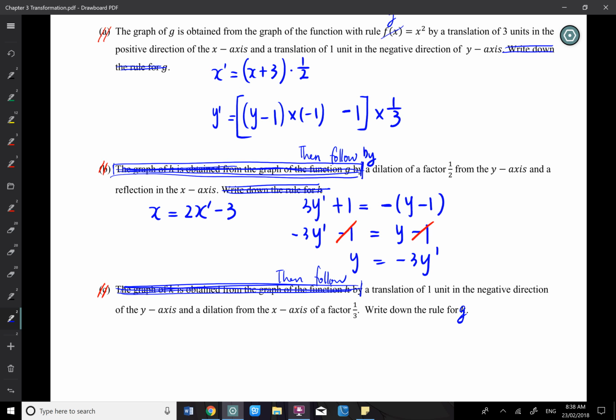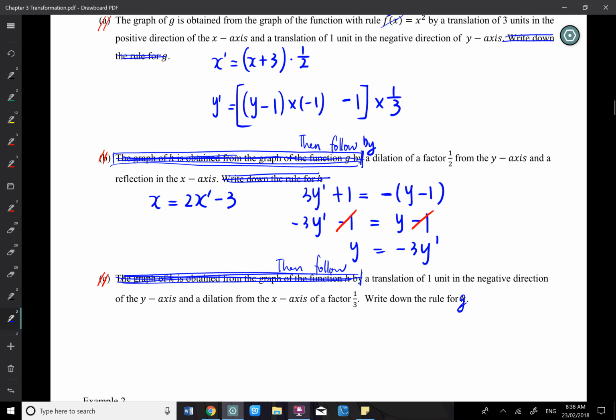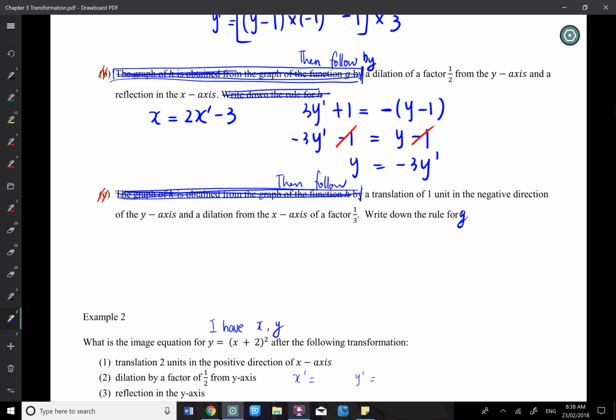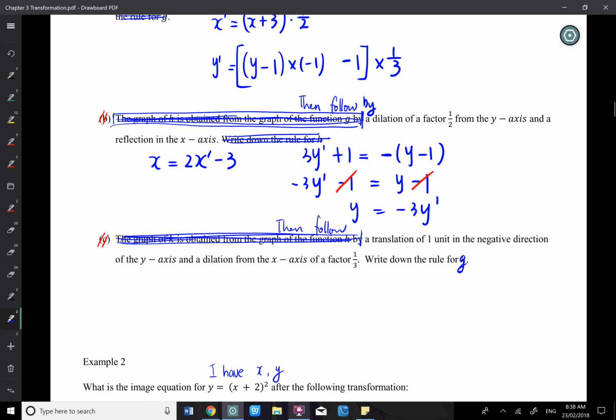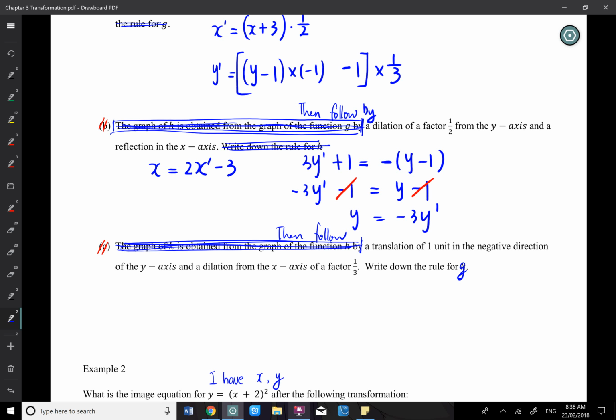And what we want is to find the rule of g, which is the new resultant function. Therefore, I need to do substitution. Okay, first of all, according to the description, write out the equation x dash, y dash in terms of x, y. And then rearrange it to make x, y the subject, because we have x and y. Then the next step will be substitute. Replace x, y by x dash, y dash.